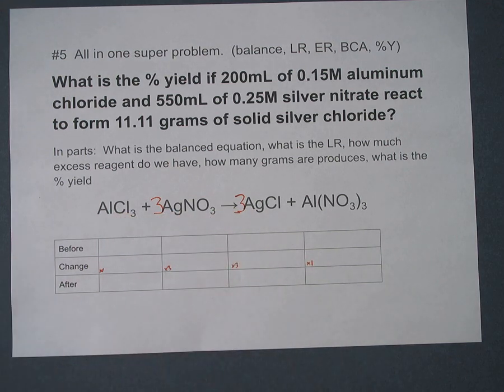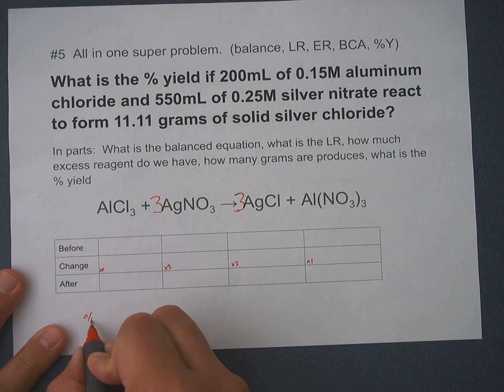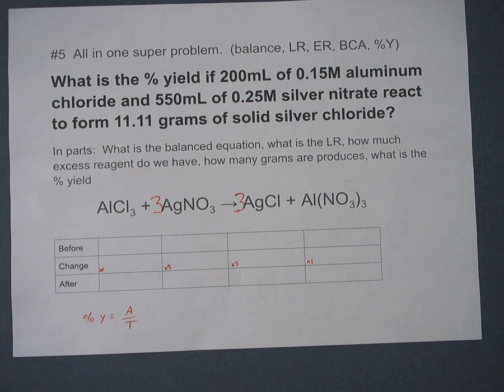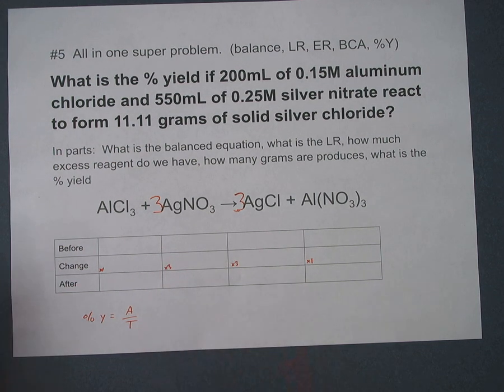All right, so now let's read the question. What are they asking for? Well, this question's asking for percent yield, right? And if you remember, percent yield is the actual yield divided by the theoretical yield. And the BCA table gives us an ideal world theoretical yield.